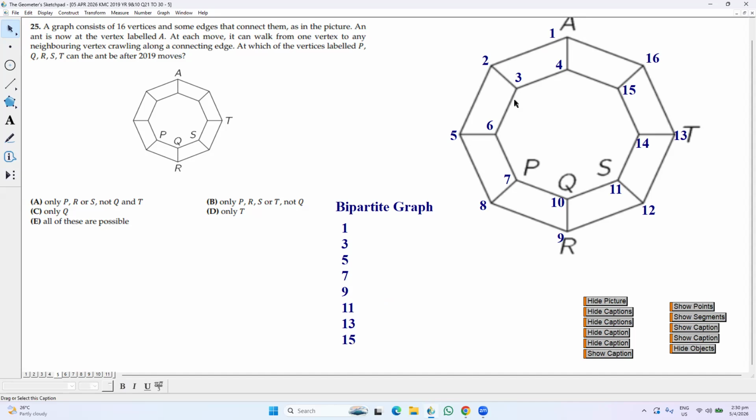Then the second set are all the even numbers, also not joined to each other. And every time a vertex from one set is joined to a vertex on the other set, one is always joined to an even number. It can be joined to 2 and 4 like that. Then 6 must join to 3 and 5 or 7.